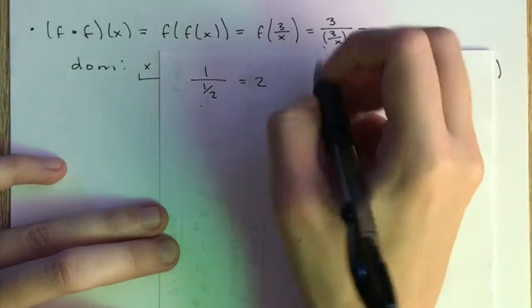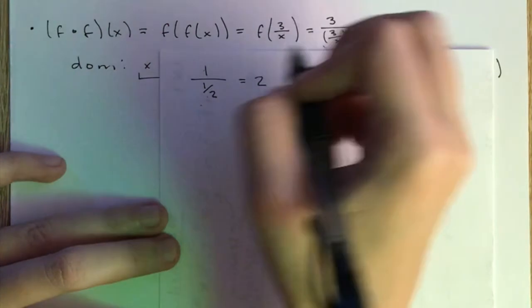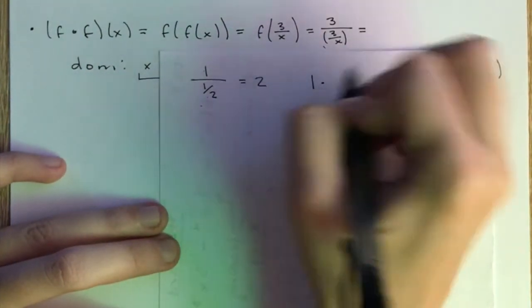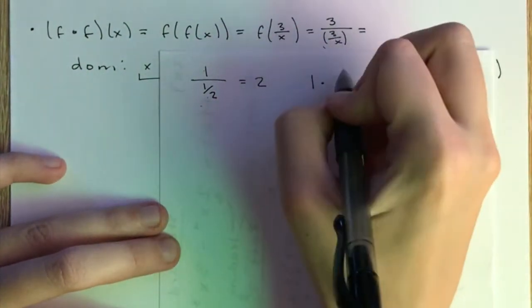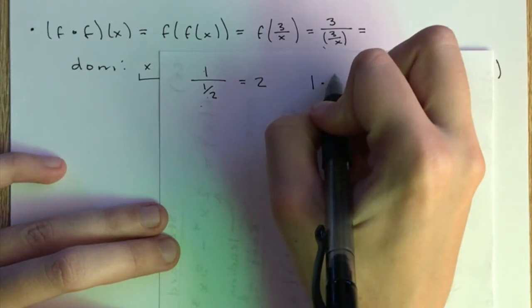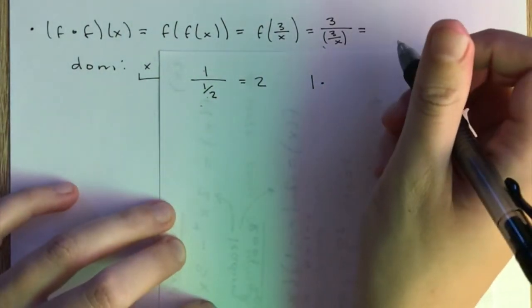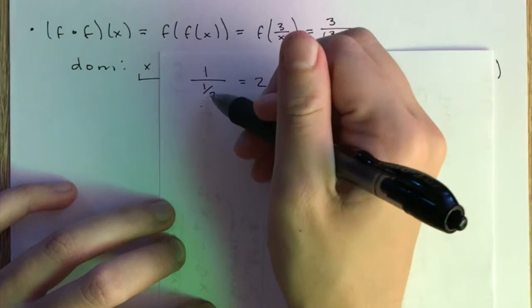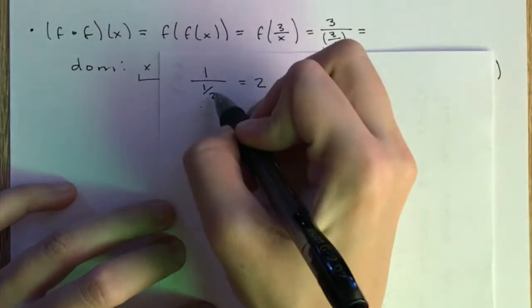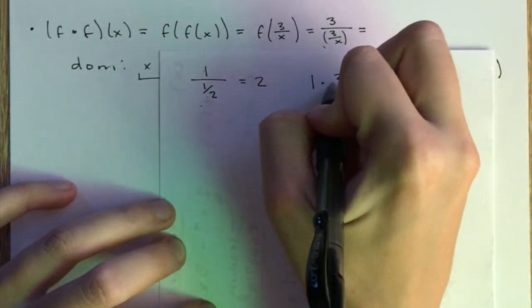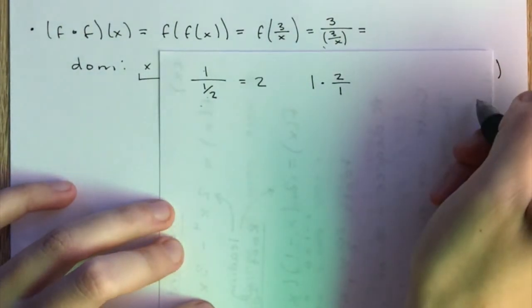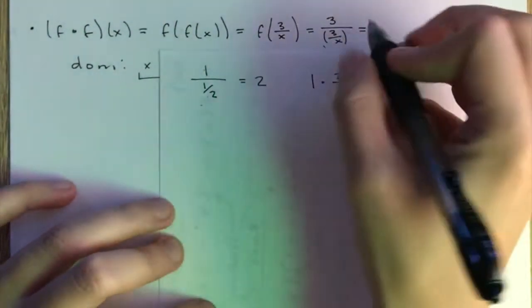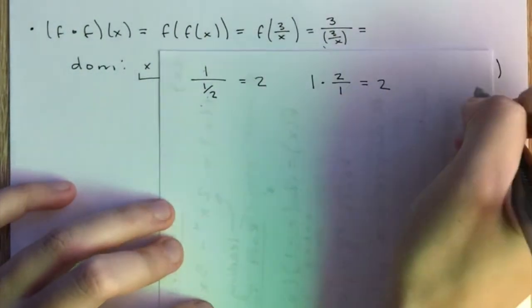The way we can change this or see this more clearly is division is the same thing as multiplying by the reciprocal. So 1 divided by 1/2, the reciprocal of 1/2 is 2 over 1, right? Reciprocal just means we flip. And that gives us 2.